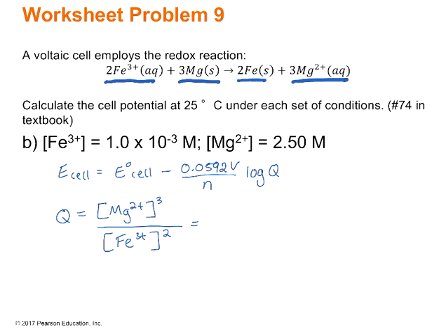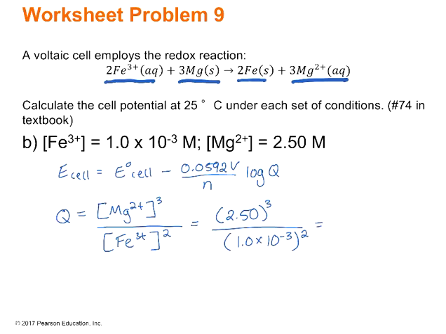Okay, so now we can plug in the concentrations. So we're told that the magnesium concentration is 2.5. We cube that, and the iron concentration is 1 times 10 to the negative third. And then we're going to square that. Actually, I did not calculate this. I just plugged it into my equation.